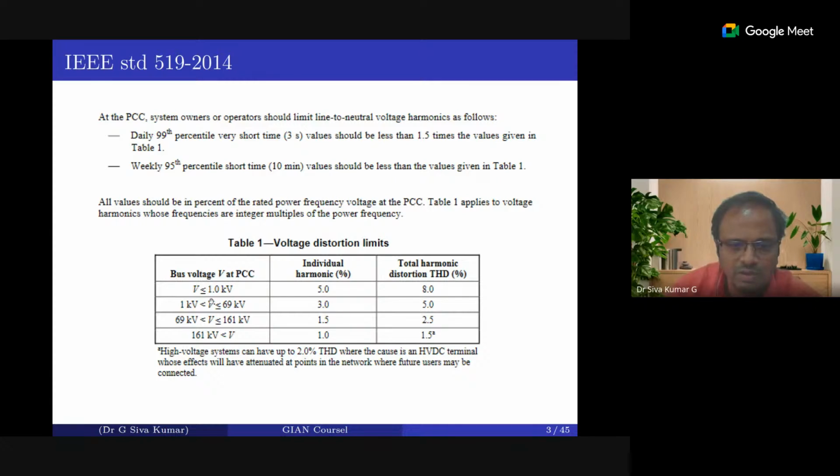We are going to have microgrids of less than 1 kV. So we can go for an individual harmonic order of 5% and a total harmonic distortion of 8%. Here we are looking at the total harmonic distortion not with respect to the current, but with respect to the voltage.